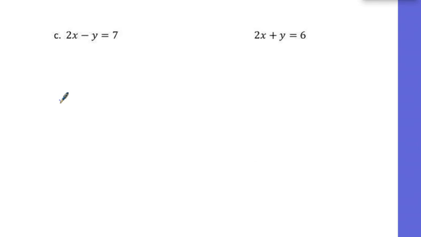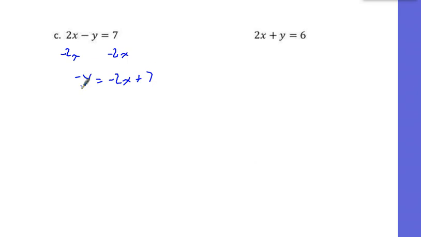Example C. Similar to example B, I have a minus 1y. This time I will simplify by keeping y on the left side. So we'll subtract 2x first. This way you can see the difference. Negative y equals negative 2x plus 7.